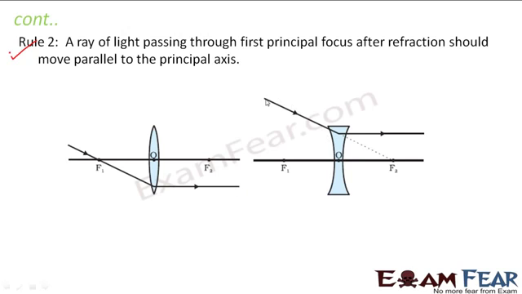Similarly here, the ray of light falls on the lens and it passes through this principal focus F2. In convex and concave lenses, your first and second principal focus get reversed. In this case, if it passes through the first principal focus, here it will appear to pass through the second principal focus, right? So after refraction it goes parallel to the principal axis, right?